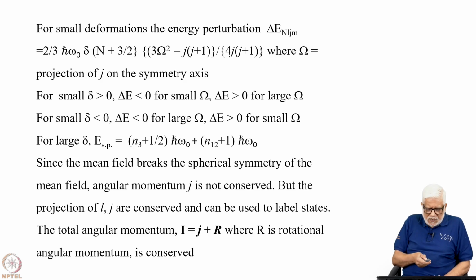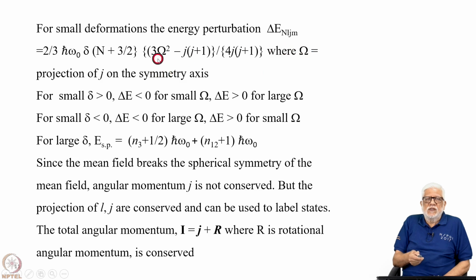So, this is given by minus 2/3 h cross omega 0 times delta. So, it is proportional to the quadrupole deformation parameter. You can see that if delta goes to 0, then this term vanishes, and n plus 3/2, which is the same term that we had earlier for the spherical nucleus, and then a term 3 omega squared minus j into j plus 1. Omega is just the projection of the single particle angular momentum along the symmetry axis.